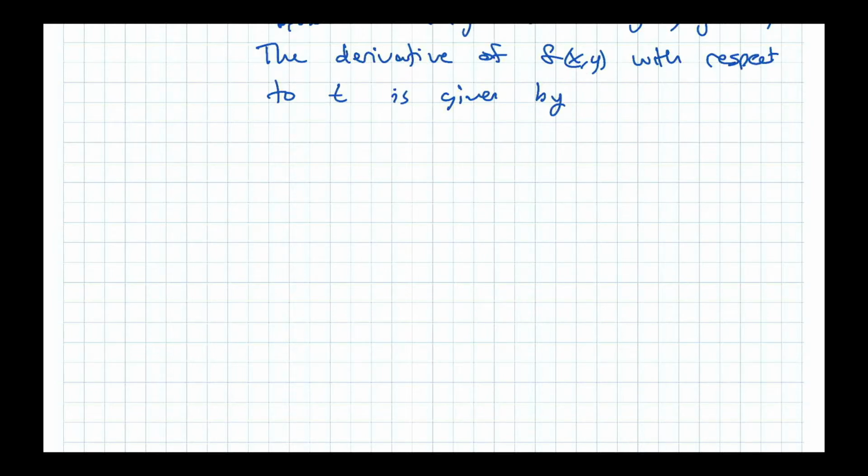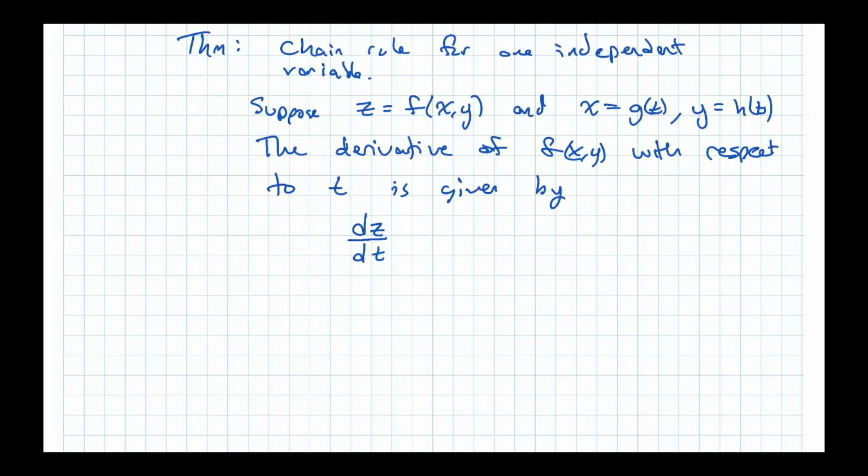So here's the formula. You want the derivative of z with respect to t. Now notice I'm using the notation for the derivative from Calculus 1, not the partial derivative symbol, because this isn't going to be a partial derivative. It's just the derivative of z with respect to t, and it's made up of partial derivatives.